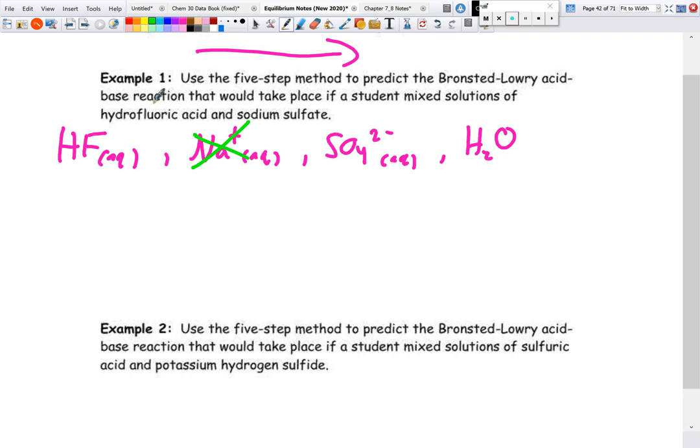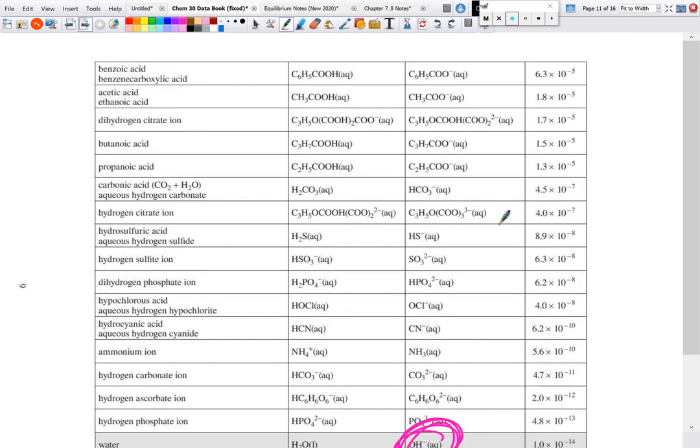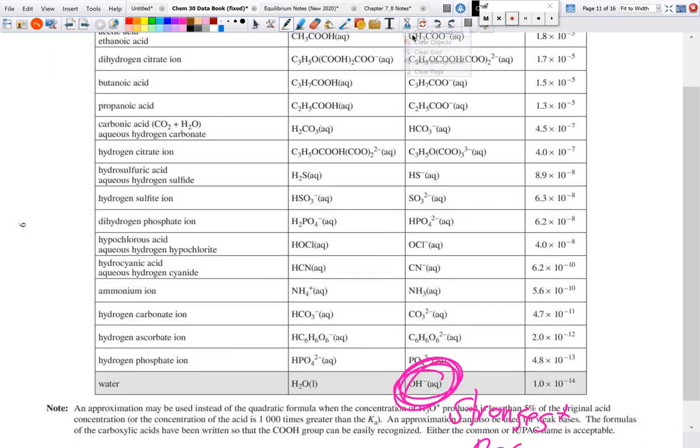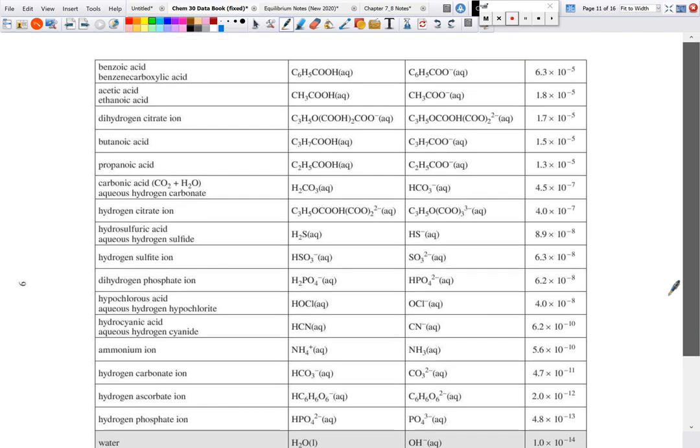Now the fact that hydrofluoric acid has acid in its name, we know this can act as an acid. Now as for the sulfate ion, you are going to find that guy on your base section. It's probably on the other page now, isn't it?